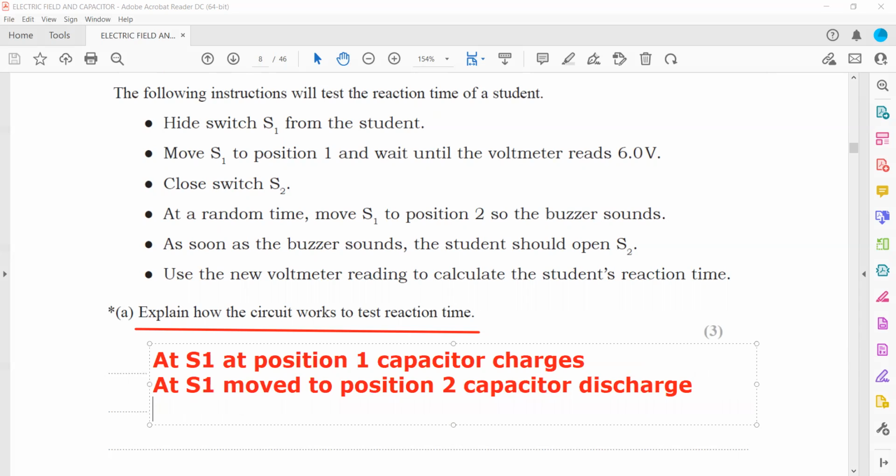And when S2 is open, the capacitor stops discharging, and we can also say the circuit is open.